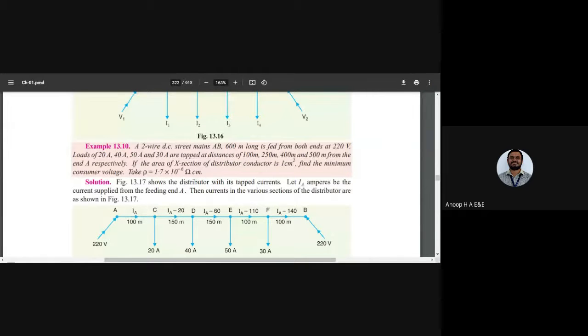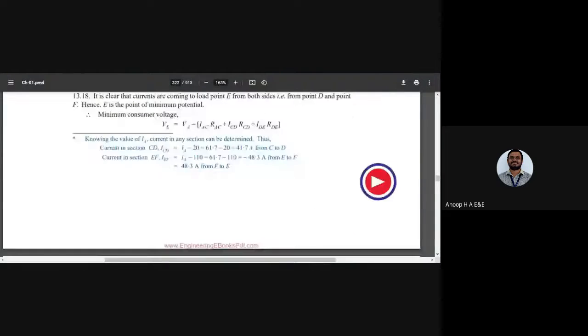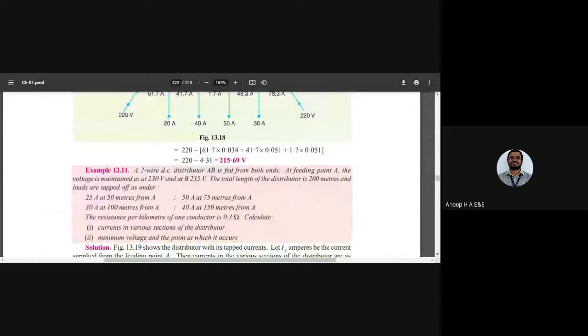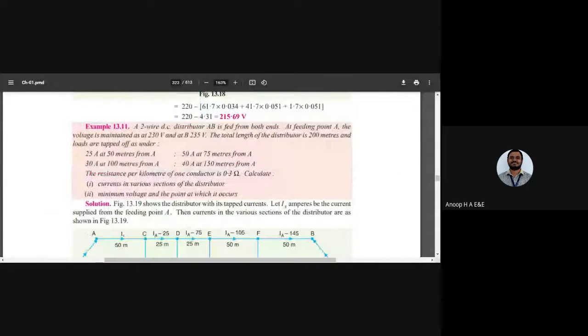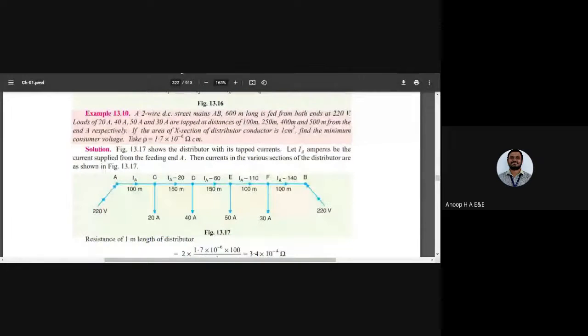Hope you have already got it, so let us start. This is the first problem, 13.10, which you can observe in the textbook also, and you have 13.11. These are the two problems which I'll be explaining in detail.